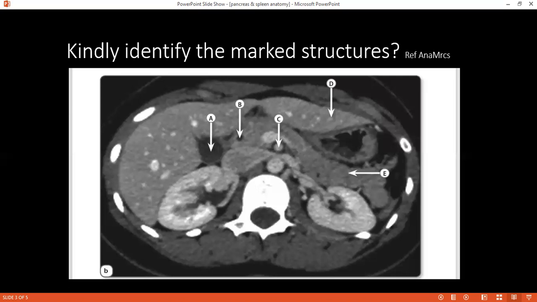Okay, can you tell me what is the blood supply of the spleen? The splenic artery arises from the celiac trunk. Then can you please tell me the whole course?